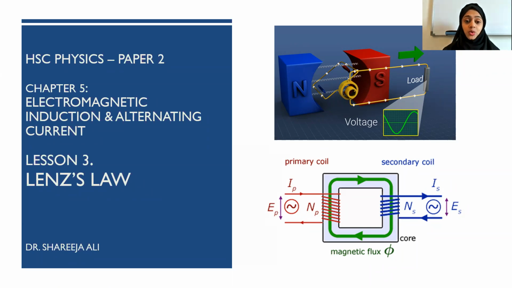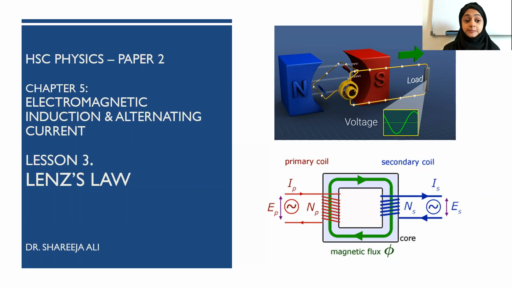The first law told us how electromagnetic induction takes place: whenever there is change in magnetic flux linked with a coil, EMF is induced and a current is induced in the coil. And this current and EMF will exist only as long as the magnetic flux changes. If there is no change, there will be no induced EMF and no induced current. That is what we saw in the previous class.